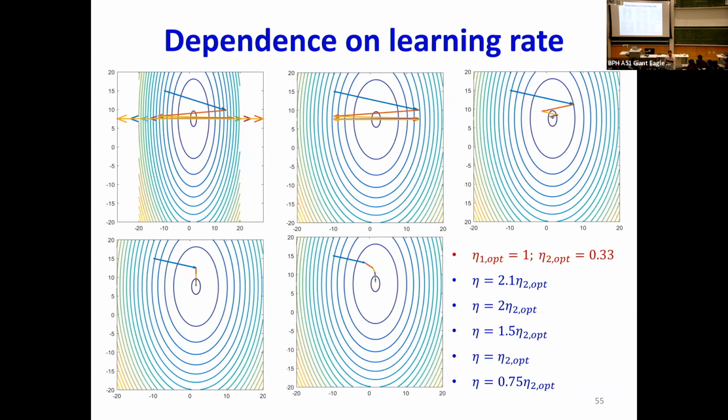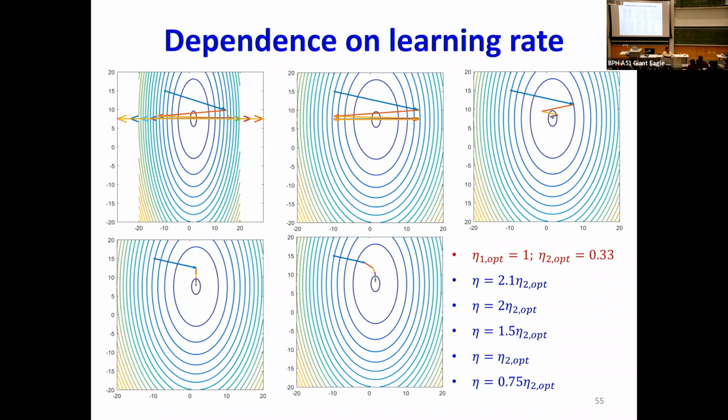Now, what do we want? We want the algorithm to converge as fast as possible, right? So you want the step size to be the optimum for every single component, but the components have different optimal step sizes. If you make it optimum for the smallest optimal step size, it might be too slow for the others.